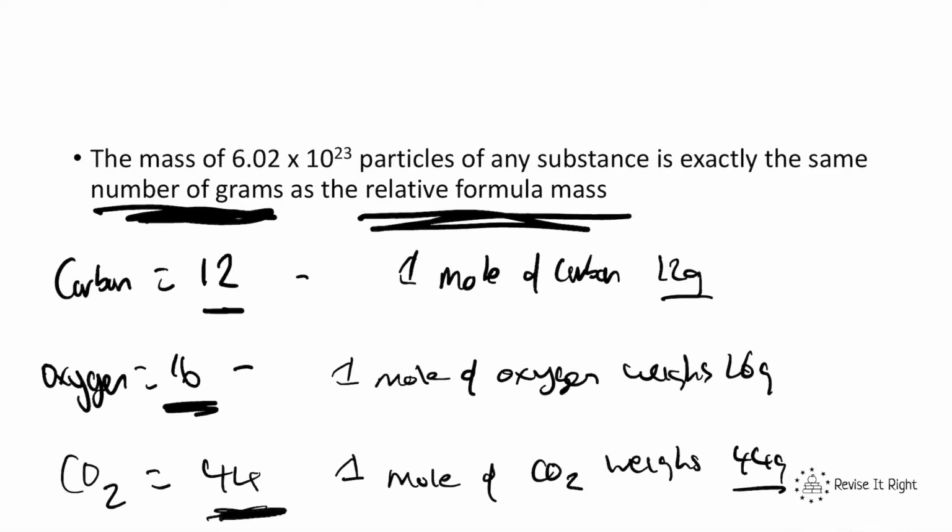So the relative mass of them is the same as 1 mole of that substance in grams. You could literally keep going with that all day. Water, H2O, has a relative formula mass of 18. 1 mole of water equals 18 grams. And it literally works for everything, and that's why that number was chosen.